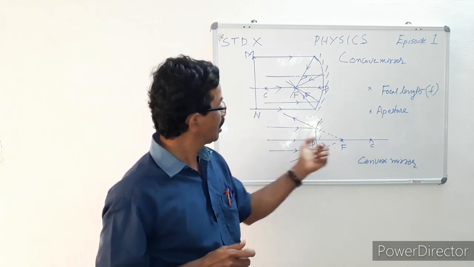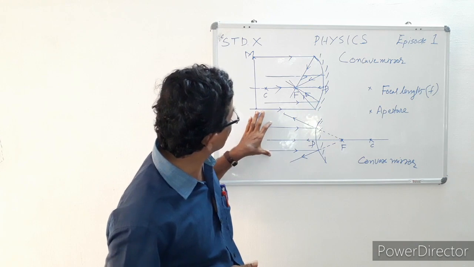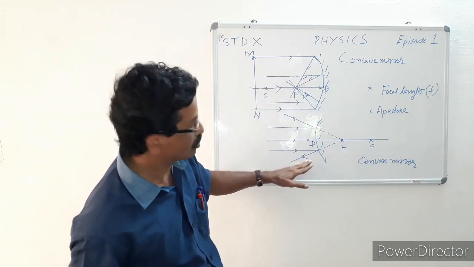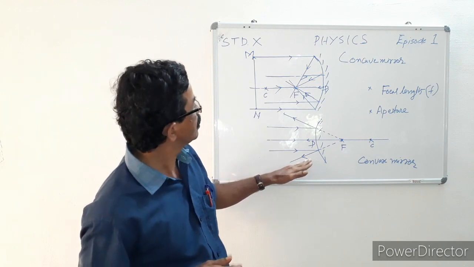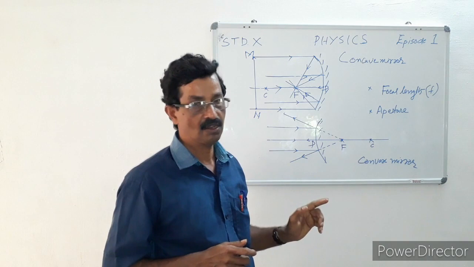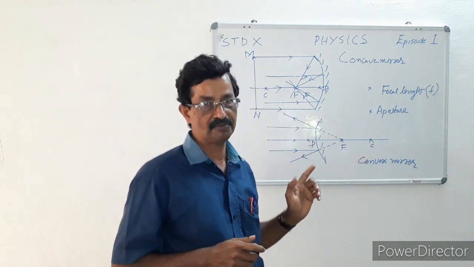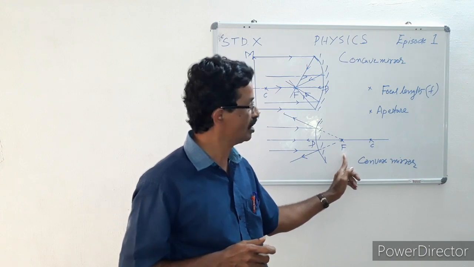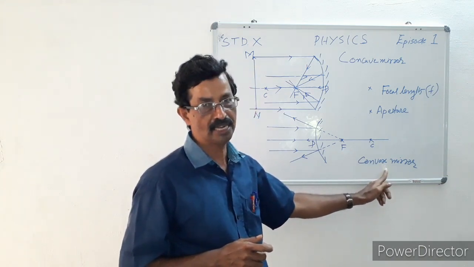Because of that, here light rays are parallel to the principal axis. These two reflected rays, when we look, appear to be coming from this point, or diverging from a point, and that point is the principal focus of the convex mirror.